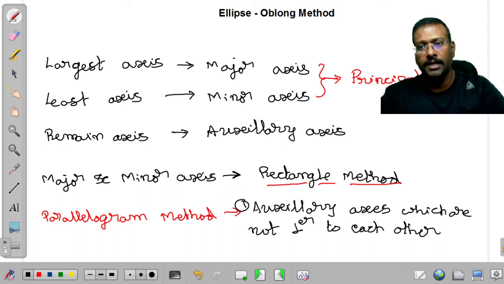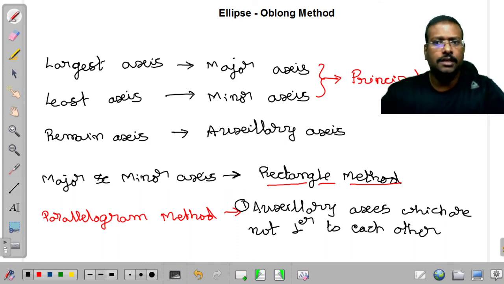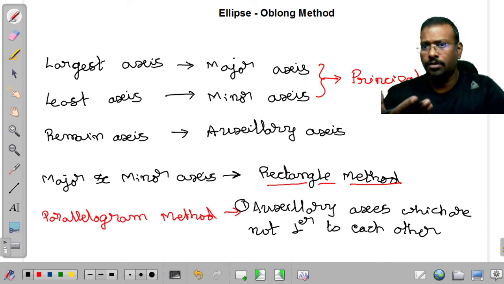This is important, my dear friends, because all the people know how to construct the ellipse by using different methods: the rectangle method, parallelogram method, arcs of circle method and concentric circle method. But when are we going to use which method, what is the perfect method to be used?